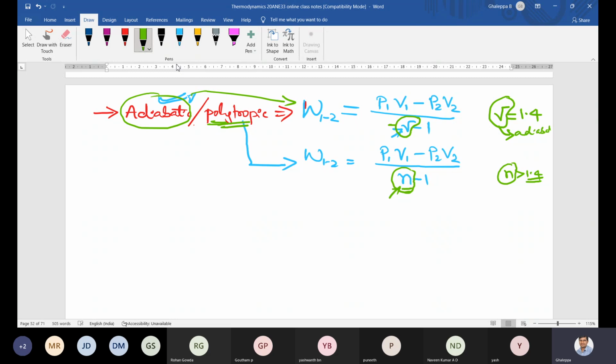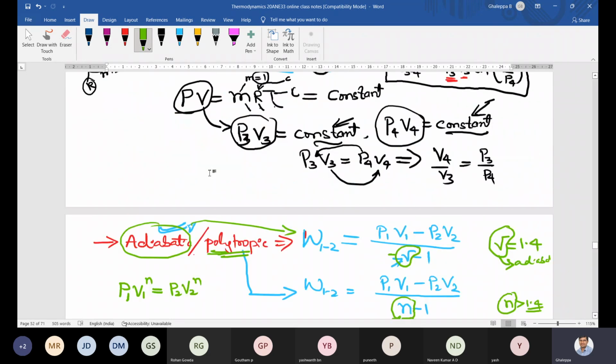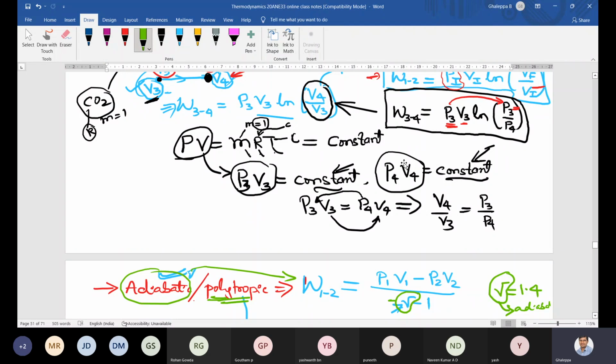Remember this equation, it is simple. Any process which follows the law P1 V1 to the power of n is equal to P2 V2 to the power of n. Similarly to what we have written here. Here gamma will not come into the picture.